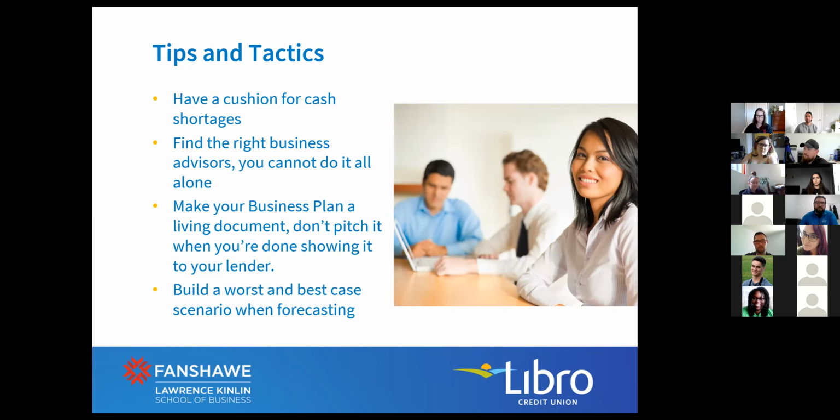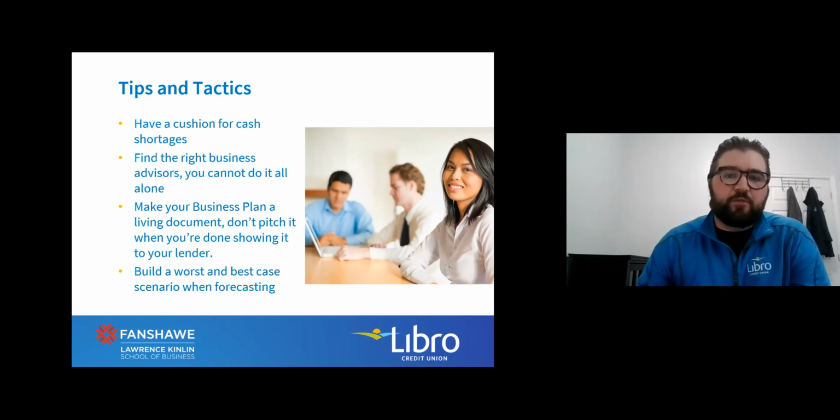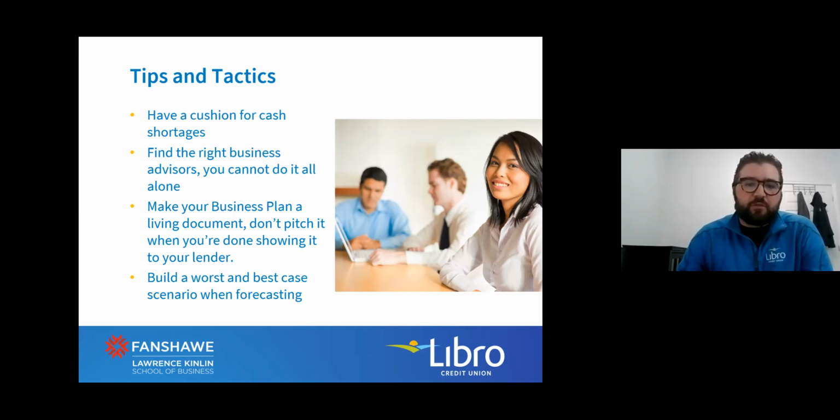If you have a bit of extra, leave it in the business in the form of retained earnings. Not only does that give you some cash for a shortage, but your balance sheet's going to look stronger if me or Tom ever had to review it. Find the right advisors and the right ones for you, whether it's me or Tom or somebody who works somewhere else. It's really important to understand your relationship with your advisor and how there's some sort of chemistry or cohesion there.